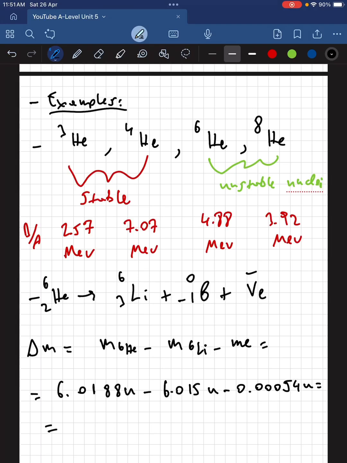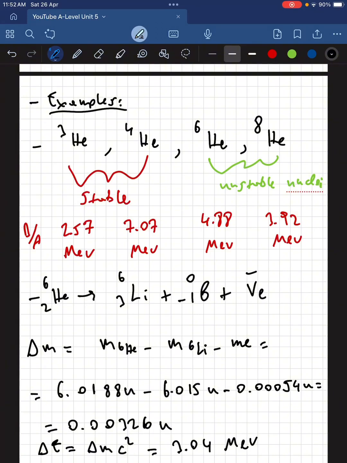And this yields 0.00326 atomic mass units, which is equivalent to, if we convert it to energy, we find that this is equal to 3.04 MeV. Okay, so what did we achieve by this beta decay?